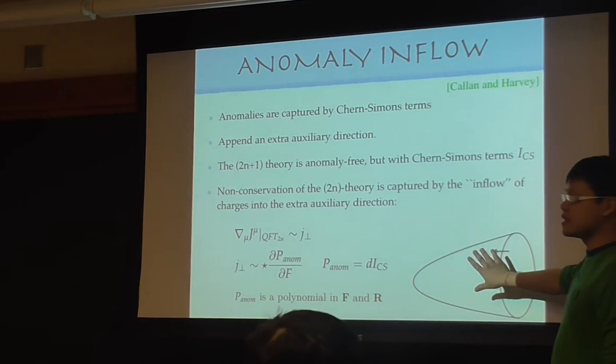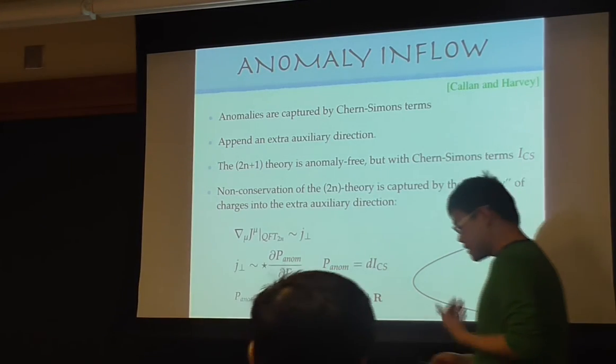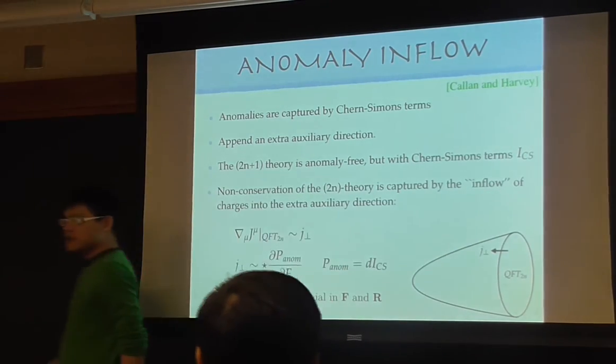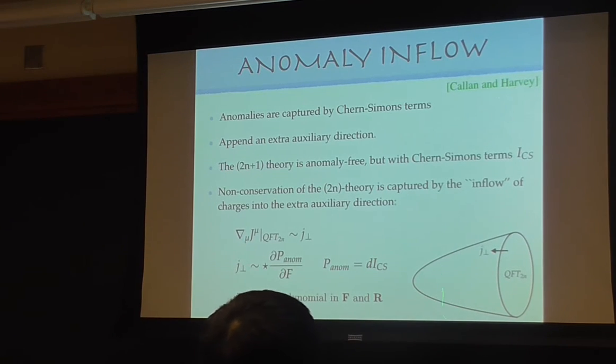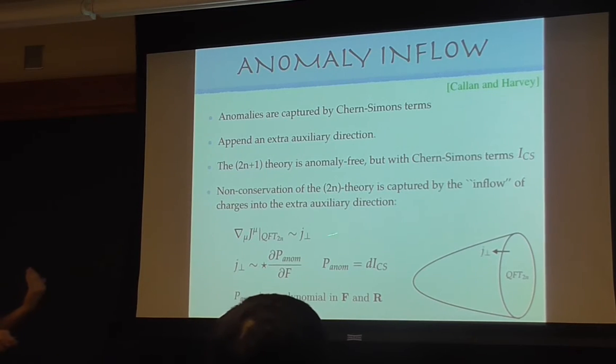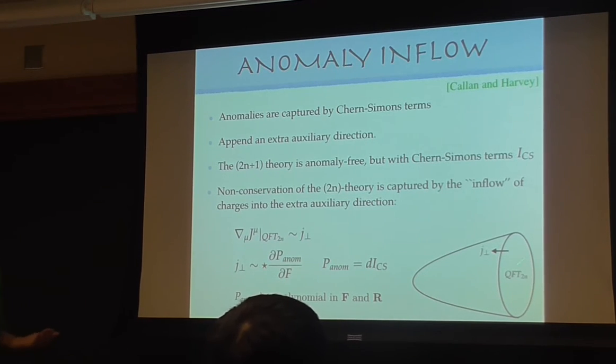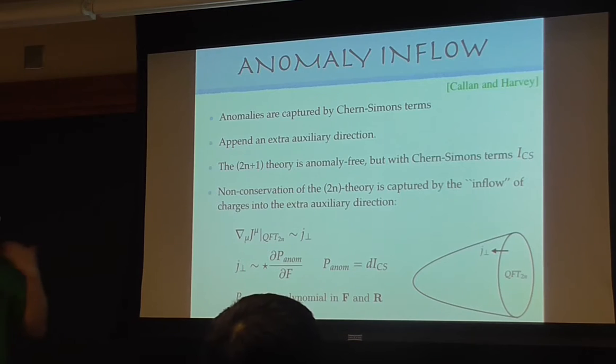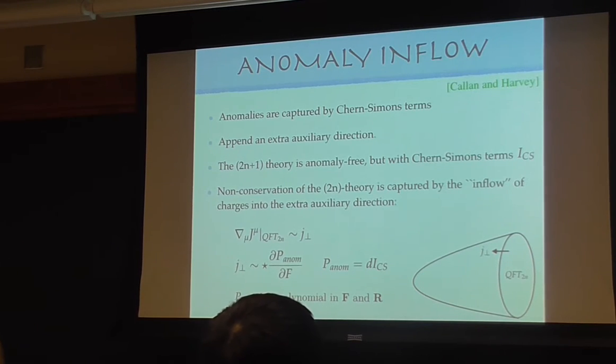But in 3 dimensions, or 2n plus 1, in odd dimension, there's no anomaly because there are no chiral fermions. So if you think about the partition function on this 2n plus 1 manifold, you should not get any anomalous conservation law. All conservation laws should be satisfied, and partition functions will transform in the right way without anomaly.